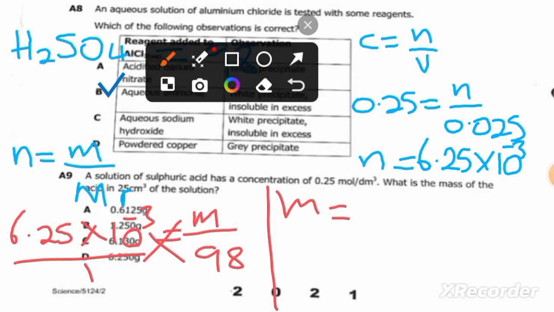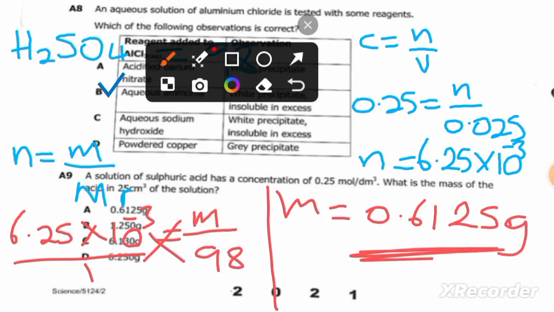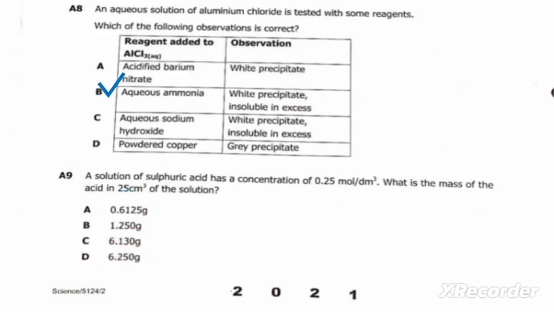We are going to get 0.6125 grams. So this is the mass. Therefore our correct answer here is A. We shift to the next question.